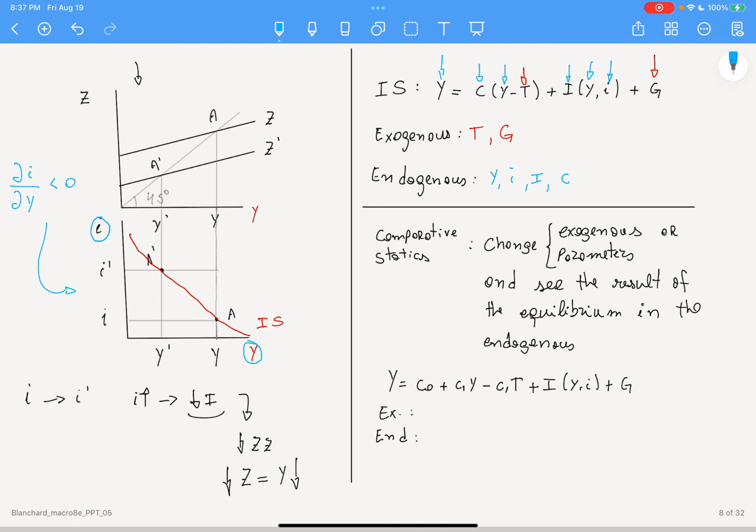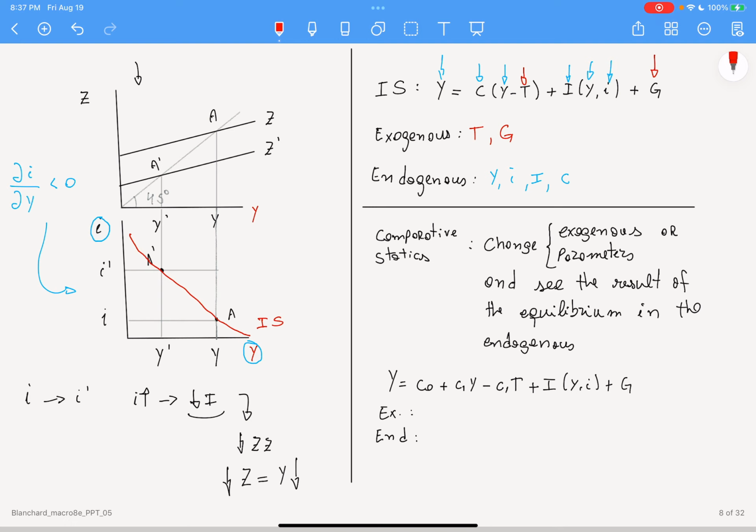We have something called comparative statics. Comparative statics is an exercise, and you do the following. You start with an equilibrium, and after you achieve that equilibrium, you ask yourself: if I change either an exogenous variable or a parameter, what happens in this new equilibrium with the endogenous variables?